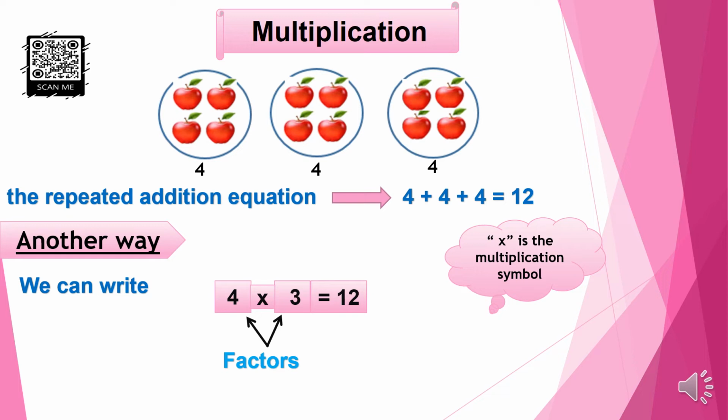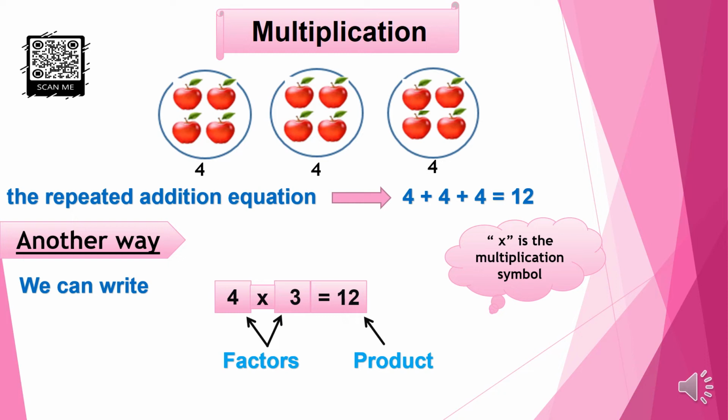These numbers which I multiplied together, here I multiplied 4 by 3. This is why we call it multiplication. So I multiplied 4 by 3. And when we want to read it, we say 4 times, don't say by. 4 times 3 equals 12.